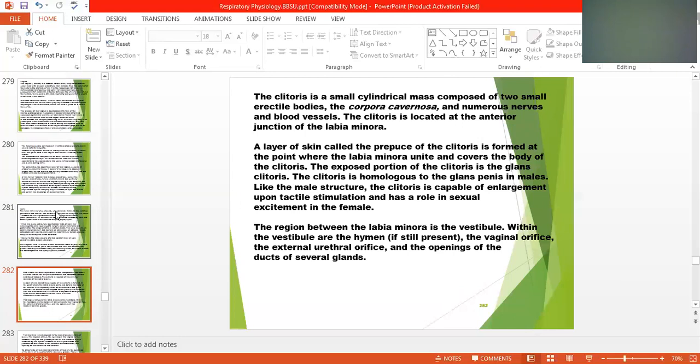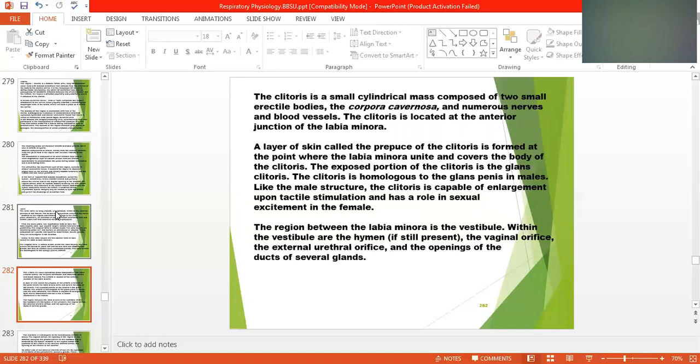The exposed portion of the clitoris is the glans clitoris. The clitoris is homologous to the glans penis in the male. Like the male structure, the clitoris is capable of enlargement upon tactile stimulation and has a role in sexual excitement in females.